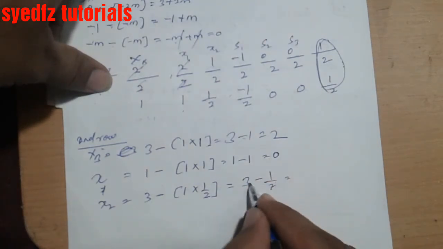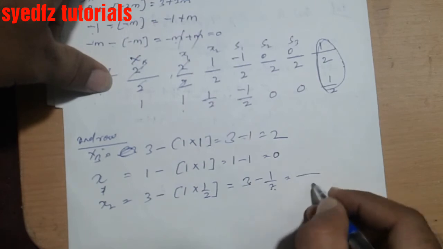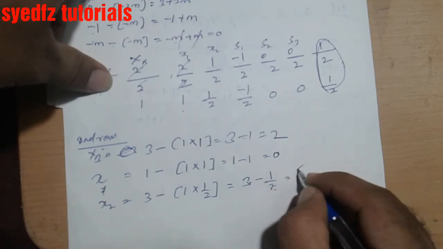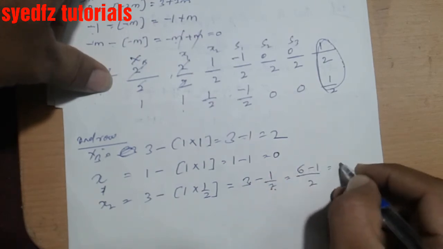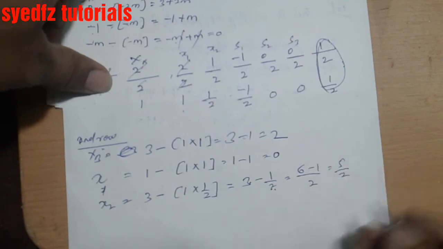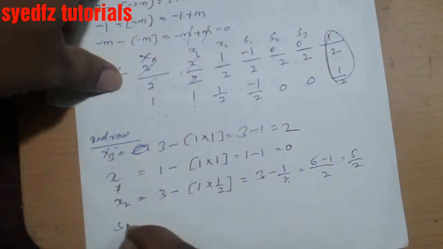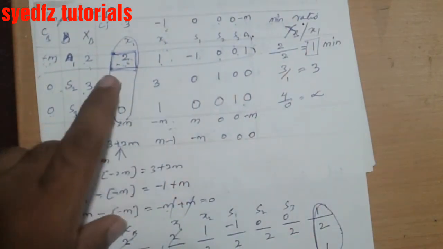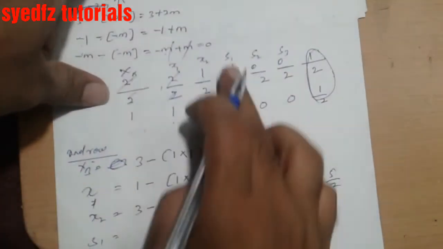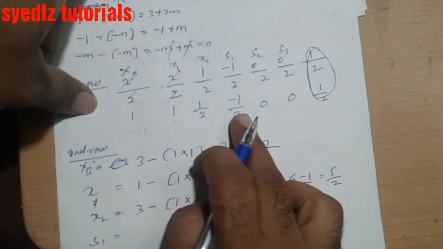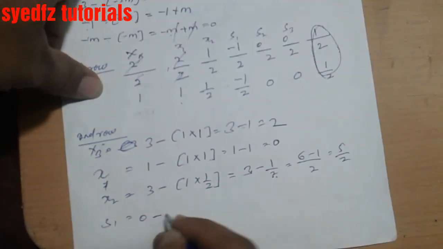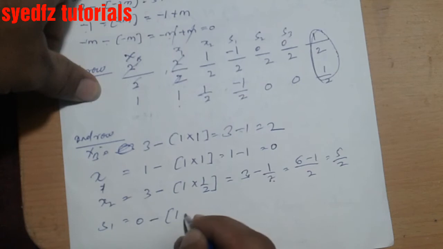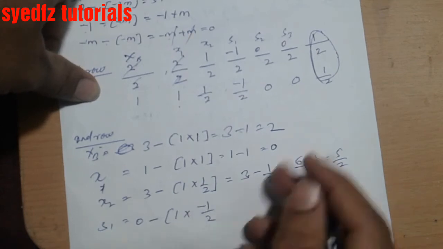Taking LCM, 2 threes are 6, minus 1 means 5 divided by 2. Then S1. Old value is 0, key column is 1, and new value is minus 1 divided by 2, this one.